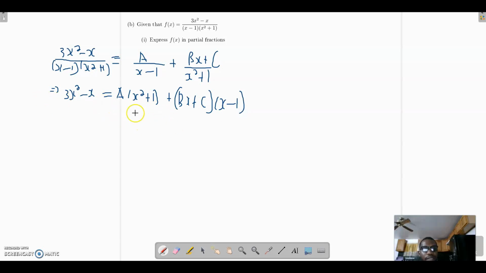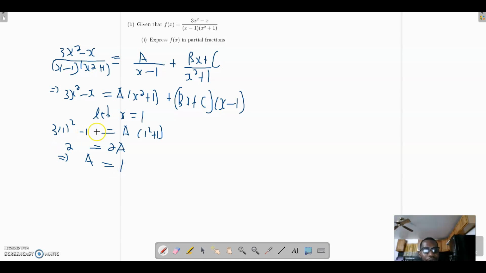Now we can start by letting x equal to 1, because this would cancel out. So I'm going to have 3 times 1 squared minus 1. All of this would cancel out. So I'm just going to have A times 1 squared plus 1. So we have 2 is equal to 2A, which implies that A is equal to 1.